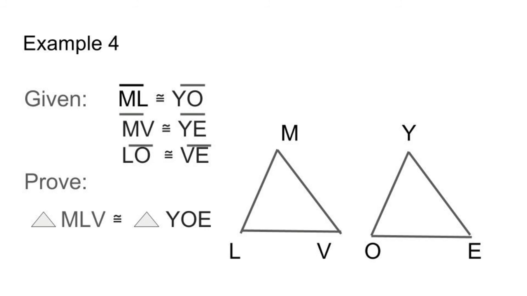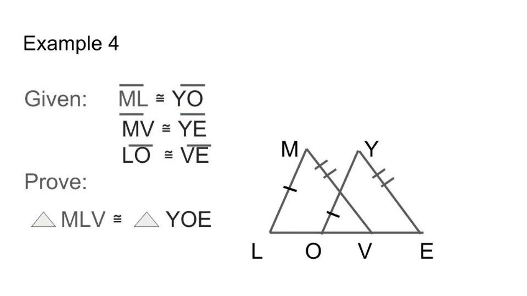Let's put marks on the two triangles. Segment ML is congruent to segment YO, our first congruent side. Then segment MV is congruent to segment YE, our second congruent side. Now we have to prove that segment LV is congruent to segment OE for our third congruent side.